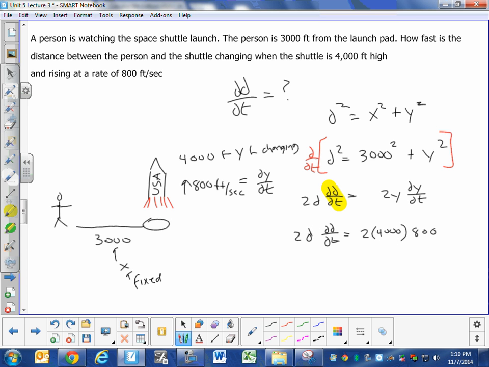I also have this d still there. I need to find d. Similar to how on your quiz you needed to find the y value with the x. If I have this d here, I need to find d. How do I find it? Use your original equation.